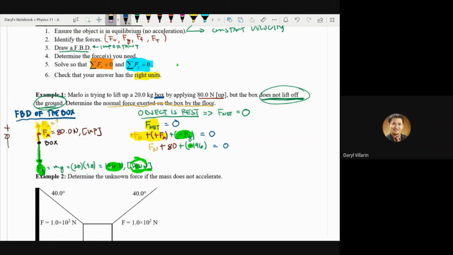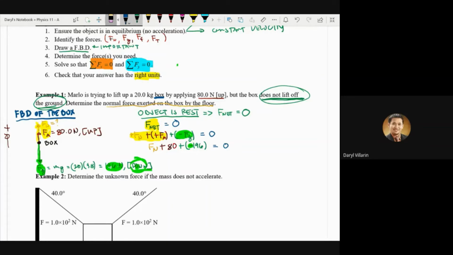So what would I do? Well, these two, 80 and 196, are just numbers, and I can combine them because they have the same unit. And remember that they're of the same component. It's just that 80 is up, that's why it's positive, and 196 is negative because Fg is directed downward.